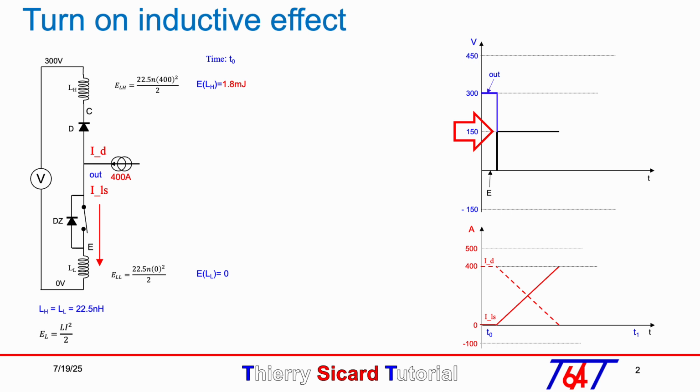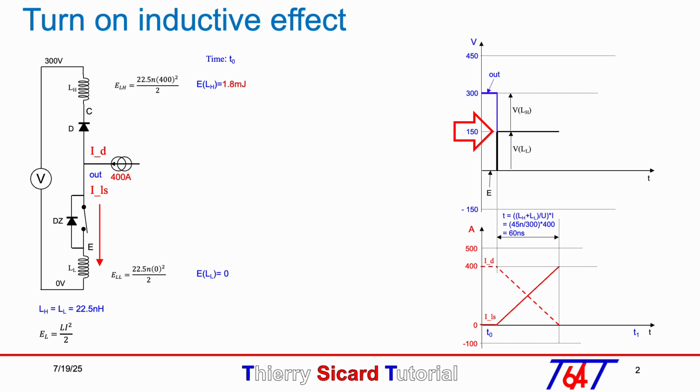Since each inductor has 150 volt across it, the current increases linearly in the LL inductor, red curve, and decreases in the LH inductor from 400 amp to 0, red dotted line. The time required to reach 0 or 400 amp current is 60 nanoseconds according to the equation T equal L over U times current I.